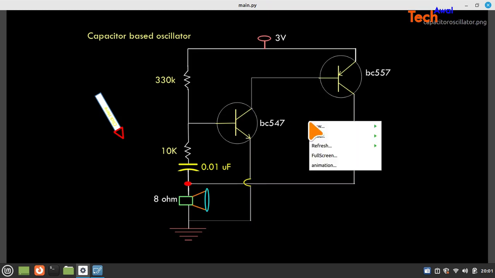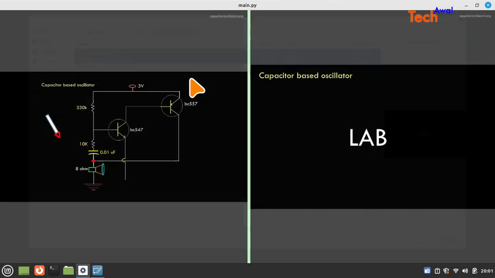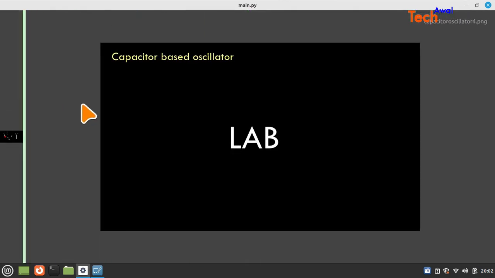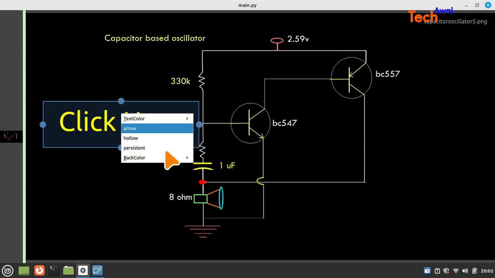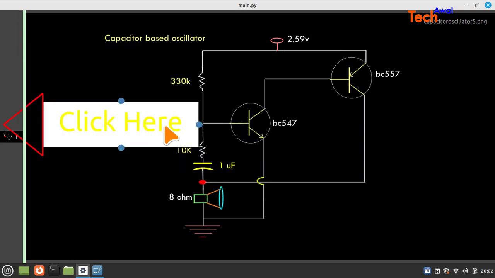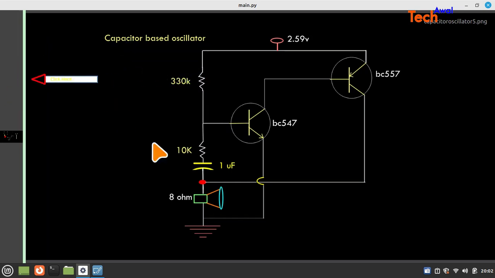So now what are we going to do? We have a lab session, and we have taken a 1 microfarad capacitor.